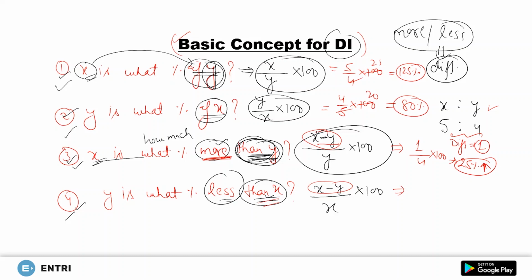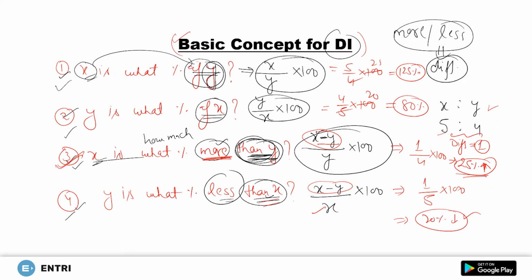It will give you 1 divided by X. What is X? X is 5. 1 upon 5 into 100, and you will get 20%. It means Y is 20% less than X. So in the third statement, X is 25% more than Y, but Y is 20% less than X. I hope these four statements are clear.